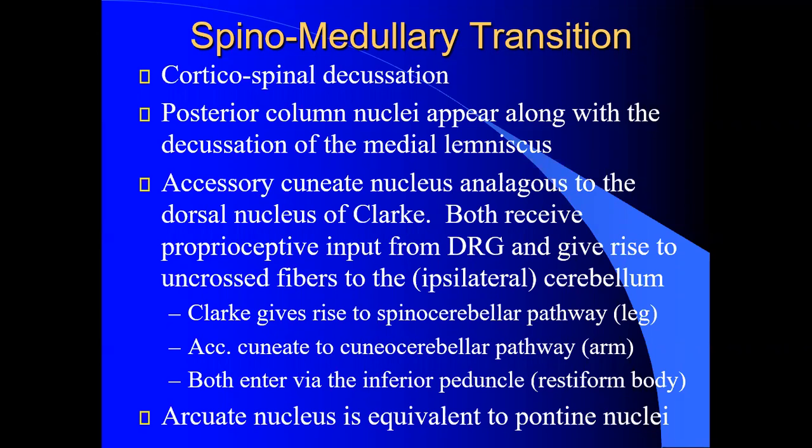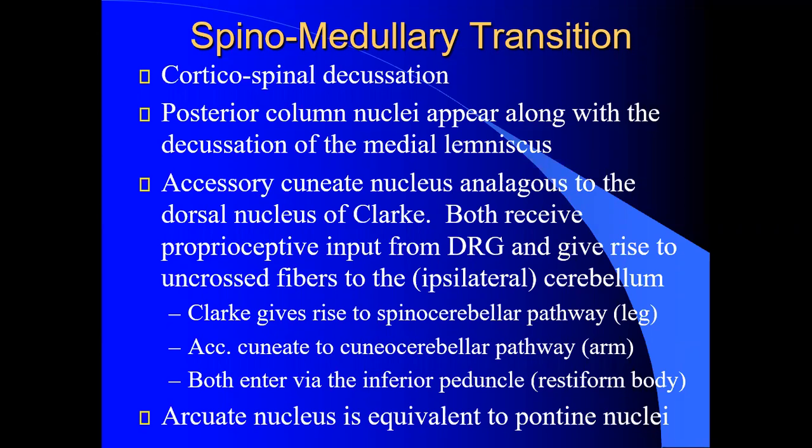We're also going to be looking at the accessory cuneate nucleus, which is an important player in our proprioception and motor coordination, and sits above the dorsal nucleus of Clark with an analogous purpose. Both of them get proprioceptive input from dorsal root ganglion cells, and then give rise to mostly uncrossed fibers to the ipsilateral cerebellum. We're going to look at the exceptions to that as well.